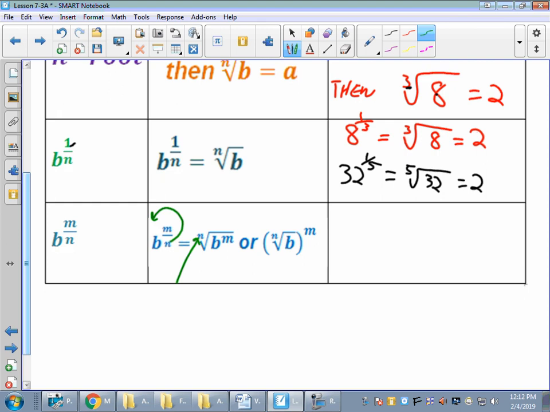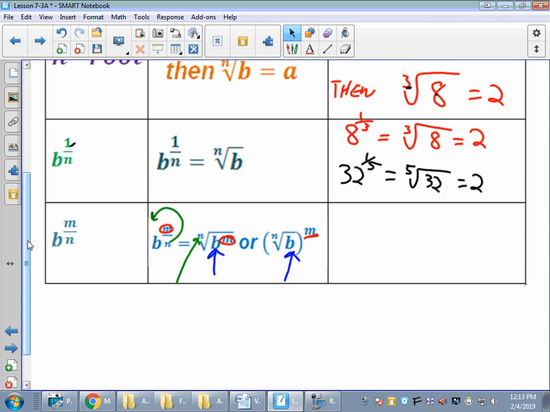And then your m, you could either leave it as a power right here, or put it in parentheses and put it out here. It does not really matter where you put it. But notice that the b value, your base number, comes with that m no matter what, the numerator of that.